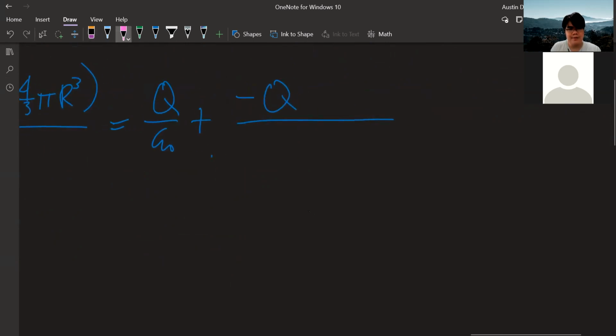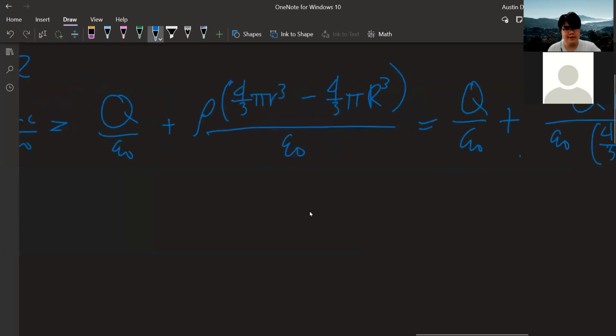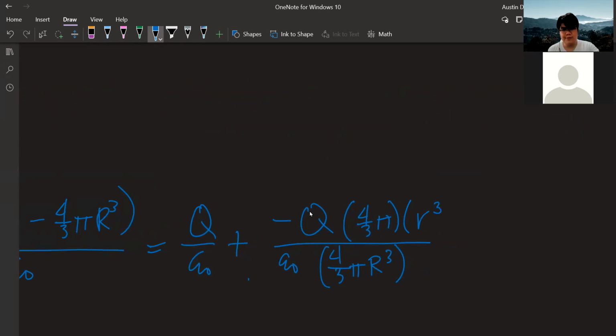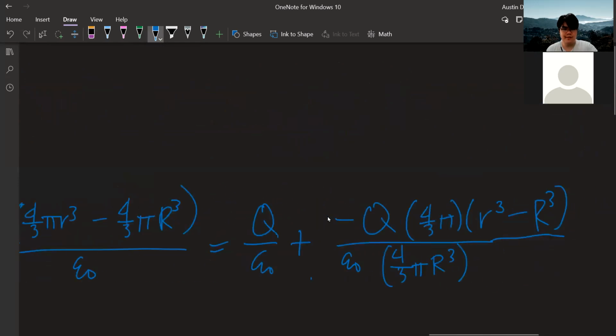Let me continue. So I have epsilon naught here, and then I have another 4/3 pi r cubed. For the numerator, I could factor out the 4/3 pi, so I'm left with r cubed minus capital R cubed.